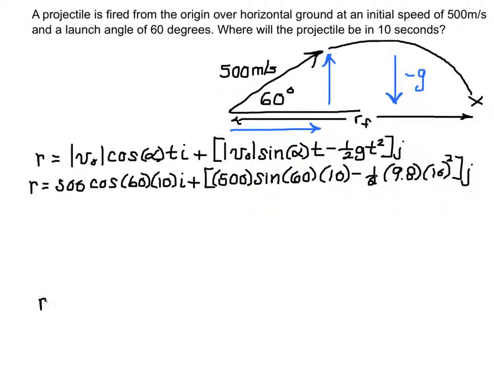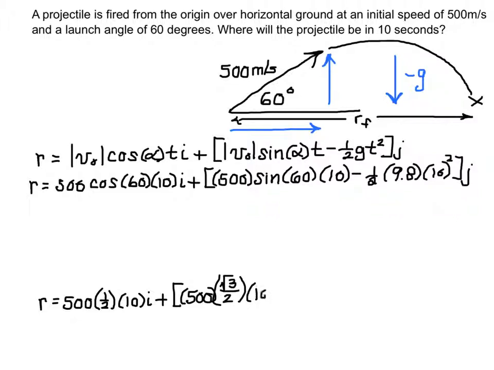So our distance is equal to 500 times the cosine of 60, which is 1/2, times 10, and that's in the I direction, plus 500, and the sine of 60 is the square root of 3 over 2, and then times 10, minus 1/2 times 9.8 times 100, and that's in the j direction.